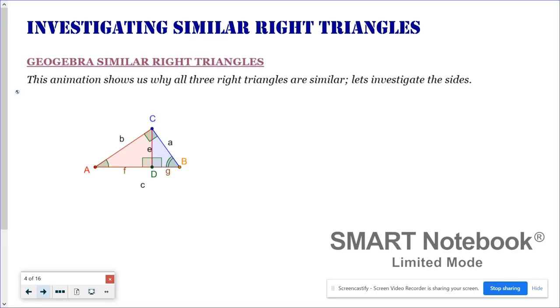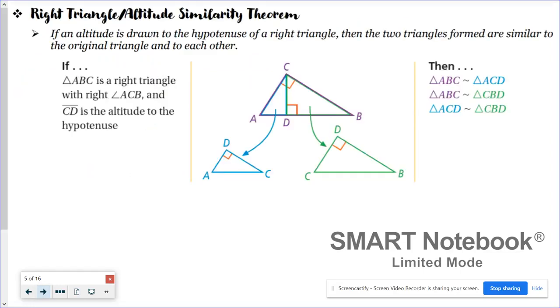So we took a look at an animation in class that proved that these three triangles in this diagram here are similar to each other basically by angle. And what we saw in that animation was the right triangle altitude similarity theorem that says if an altitude is drawn to the hypotenuse of a right triangle, then the two triangles formed are similar to the original triangle and to each other.